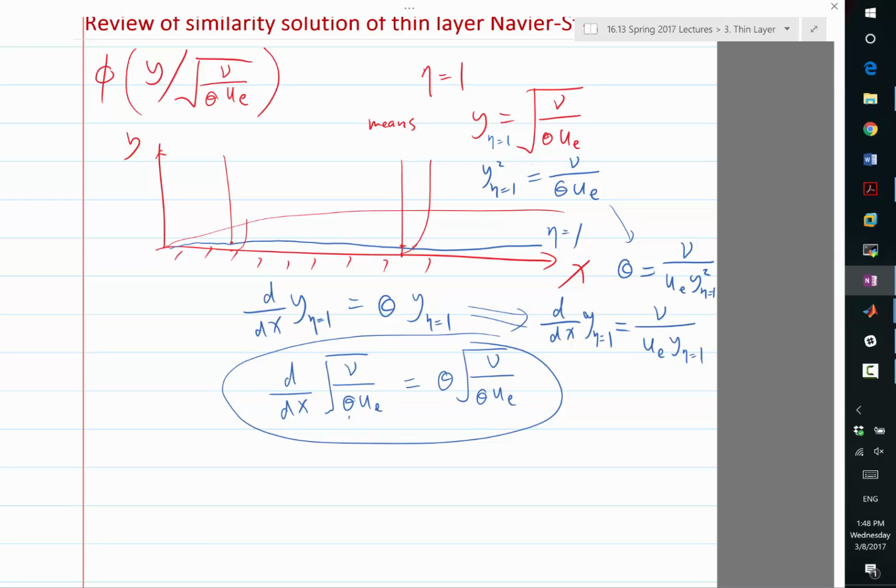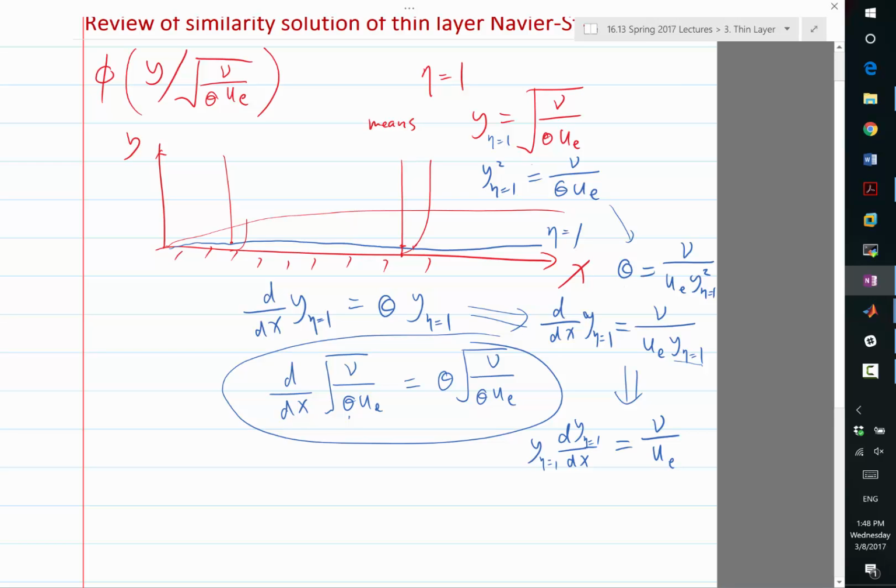So what does that mean? That differential equation about y at eta equal to 1, if you have been dealing with ODEs for a long time, you can immediately see that is a square root growth, because I can multiply both sides by the y coordinate, and what I get is y times dy/dx is equal to a constant, right?